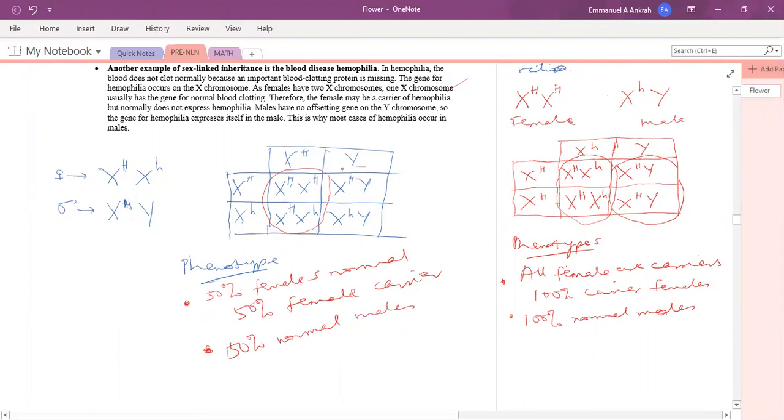So these are the males, normal, and then you have 50%. Half of them will be affected. So 50% will be affected males. Affected males. Right. So this is what you have when you have a question like this.